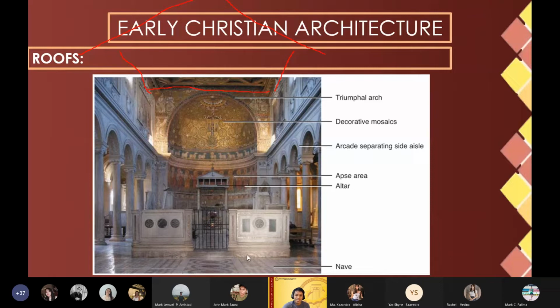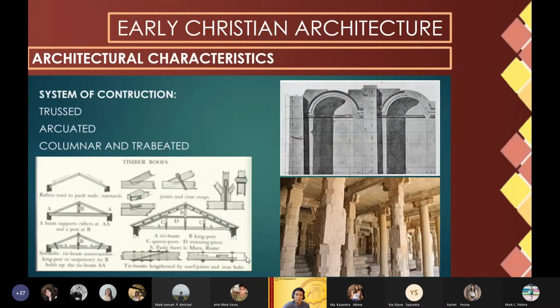No questions yet. To continue, what are the types or methods of construction? What type of construction is used for the roofing? We have trussed, arcuated, columnar and trabeated.